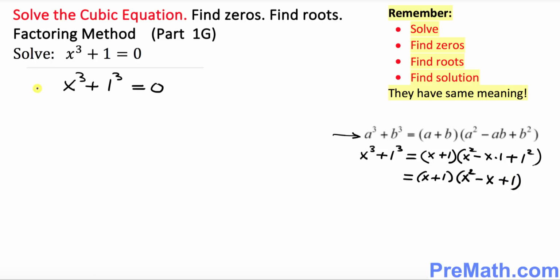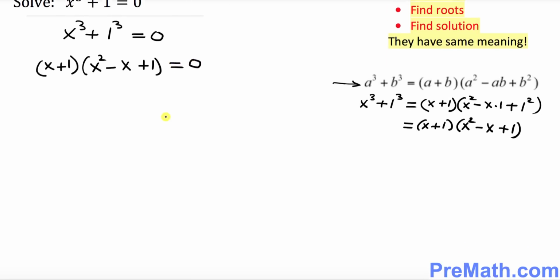So on the left-hand side, I can write the factors: x plus 1 times x squared minus x plus 1 equals 0.